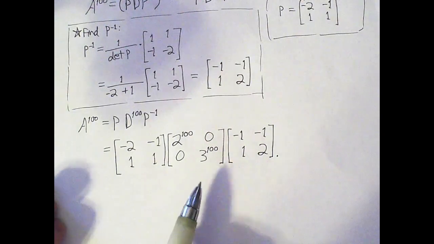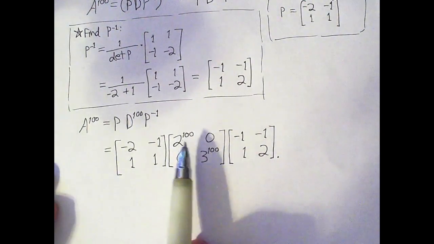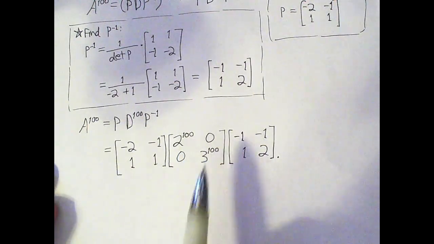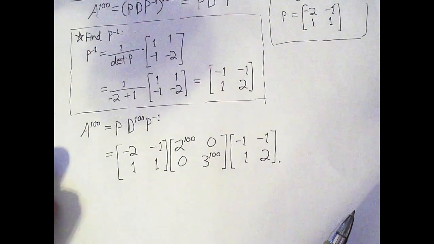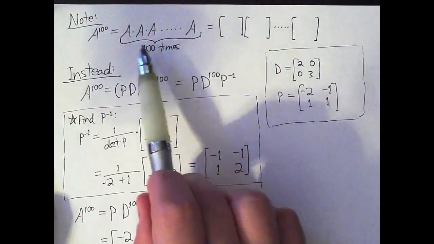Is this easy to do? 2 to the 100 and 3 to the 100? No, I mean, 2 to the 100 is a gigantic number, and 3 to the 100 is a gigantic number. But it's kind of easier than doing this. It's easier than that.